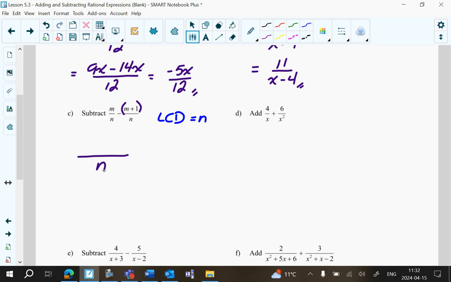We're going to take the first numerator minus the second numerator, which is in parentheses. That makes a difference. Because when I take out the parentheses, it's subtract m, subtract 1. Well, the m minus m disappears. So we're left with negative 1 over n.